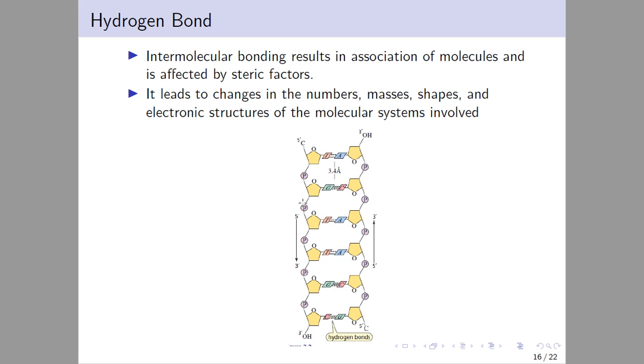So you need a change in the number, mass, shape, and electronic structure of the molecular system involved. Because of this interaction, this hydrogen bond, the molecule can take some other configuration.